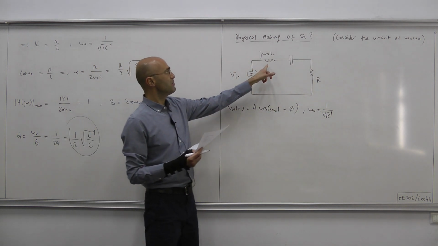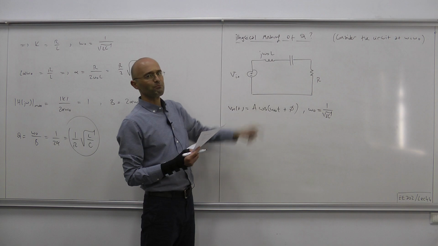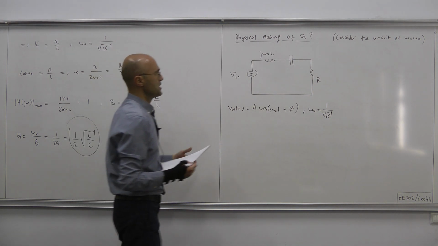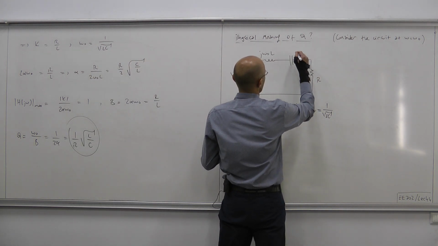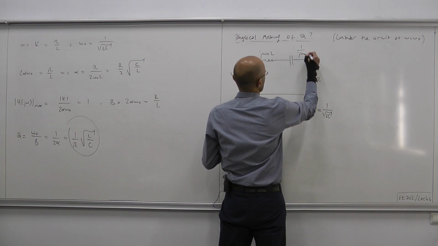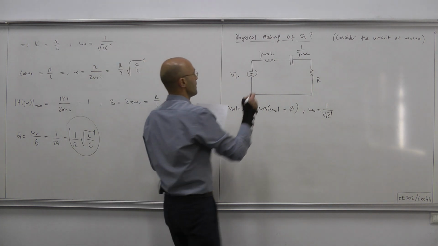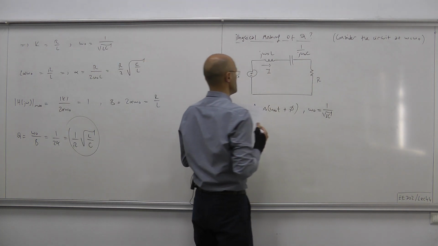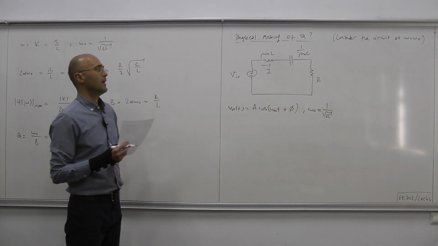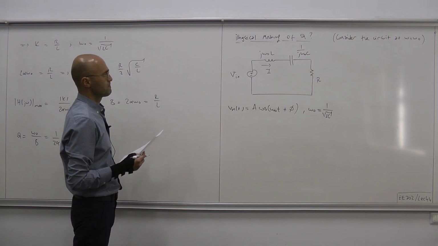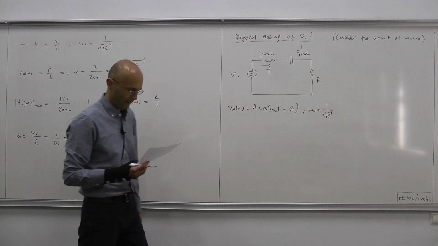This is the impedance of the inductor at that frequency. Likewise, we have 1 over j omega 0 C, the impedance of our capacitor. And this is the phasor of the current that flows in the circuit at that particular frequency.